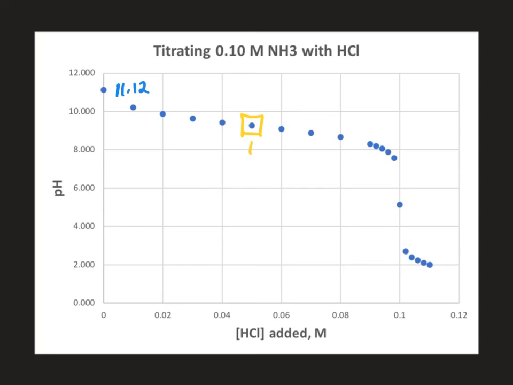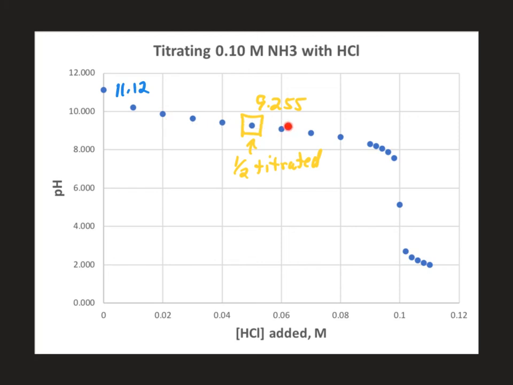That is, we are half titrated at this point, and that is at a pH of approximately 9.255.